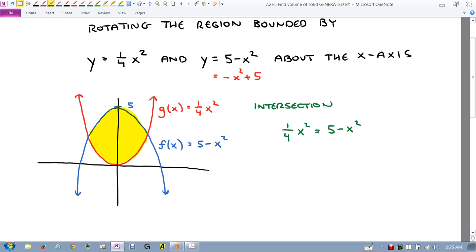And then what kind of equation is that? Quadratic, right? I don't like the fraction, so I'm going to just multiply both sides of the equation by 4. I'm going to add 4x squared to both sides.